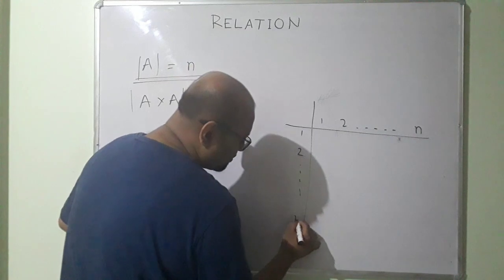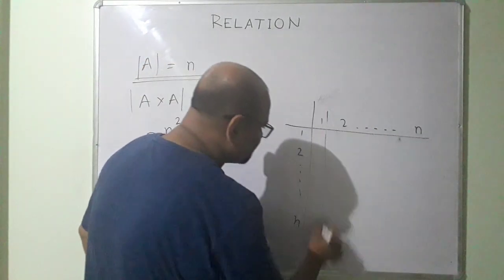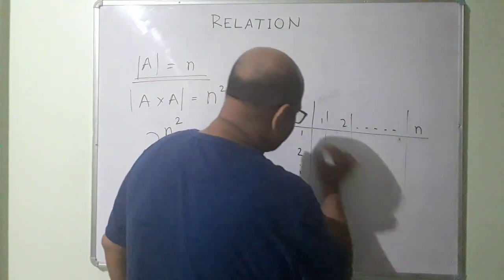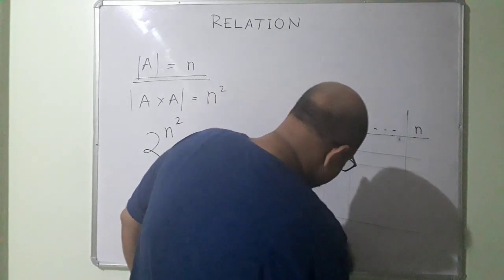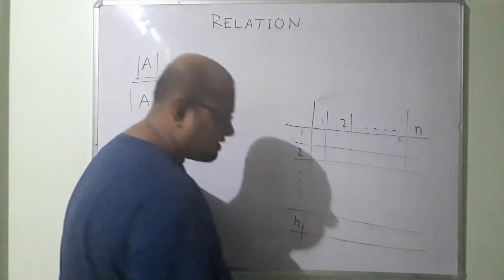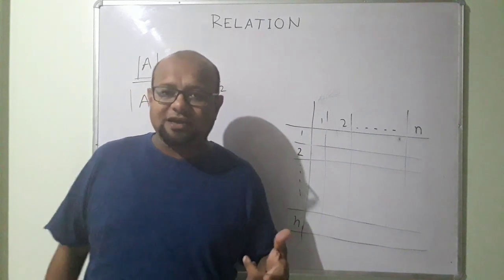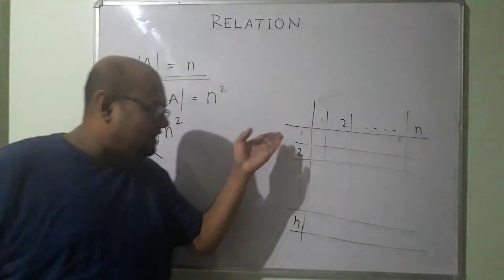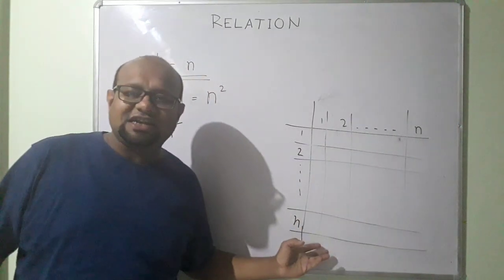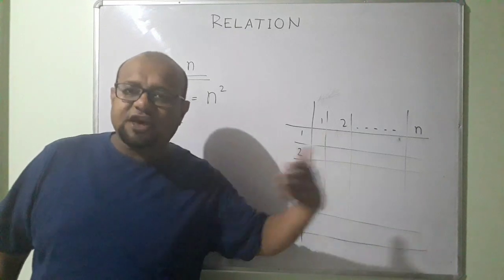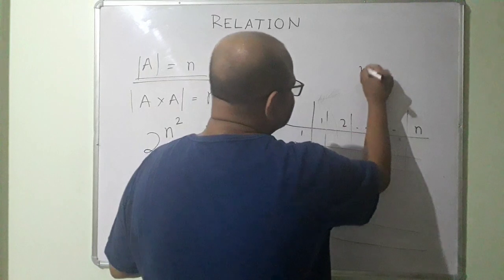So how many cells do I have in this matrix? If you have difficulty multiplying, then go ahead and add this up. I have n plus n, if I keep on adding n times, then I will have a total of n square different cells.